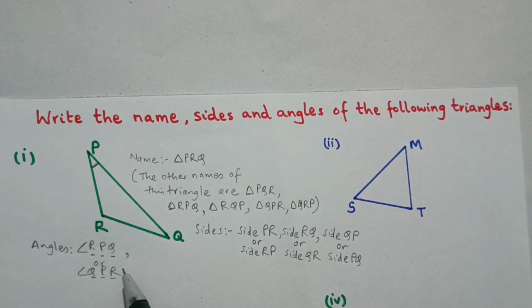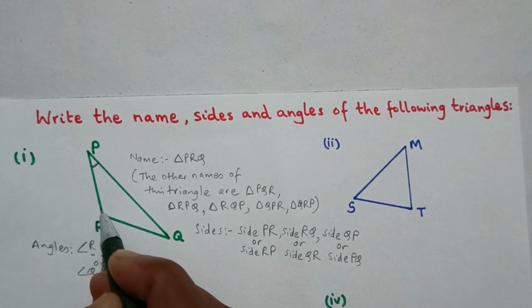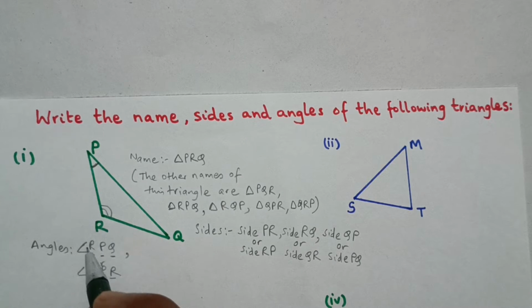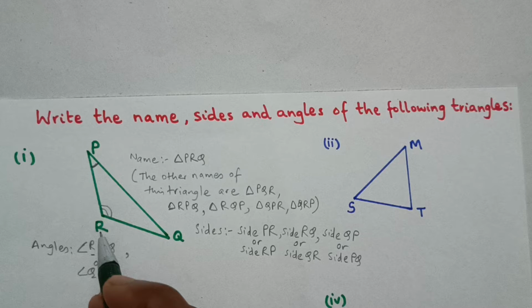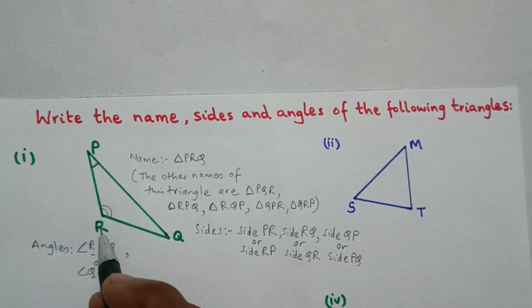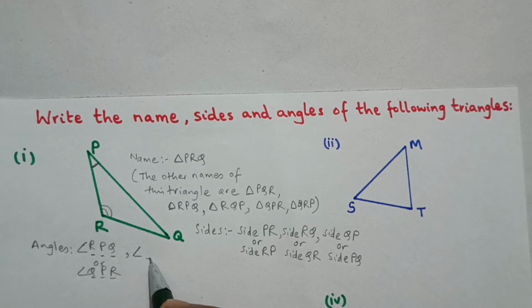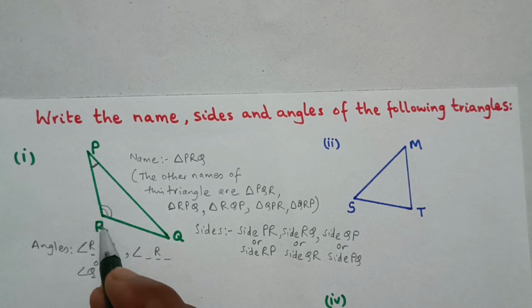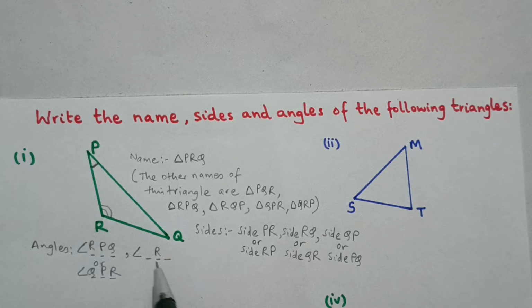So this is one of the angles. Then this is another angle in this triangle. This angle is formed at the corner R, or you can say vertex R. So out of the 3 alphabets, R will be the middle alphabet, because this angle is formed at corner R or vertex R. And now in these 2 remaining spaces I will write the other 2 letters of this triangle.